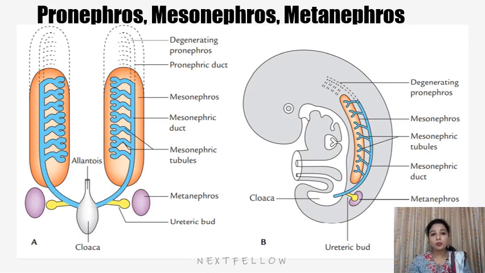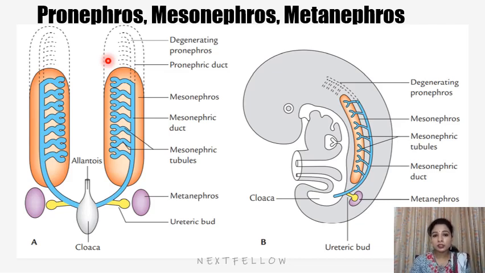Next, about the pro-, meso- and metanephros. The pronephros is formed in the beginning of the fourth week, in the cervical region, the neck region. It is non-functional and completely regresses.